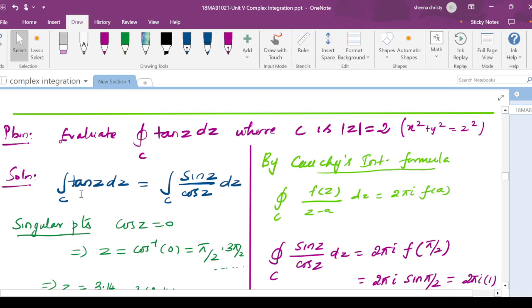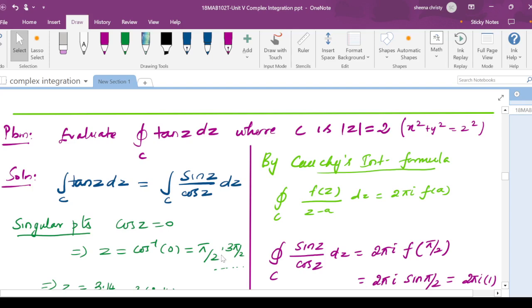To find out the singular point, tan z we can break it like sin z by cos z. Put the denominator to 0. So you are getting z equal to cos inverse of 0. Cos inverse of 0 you will have pi by 2, 3 pi by 2, 5 pi by 2, etc. In these, we have to identify which is the point lying inside the contour C.